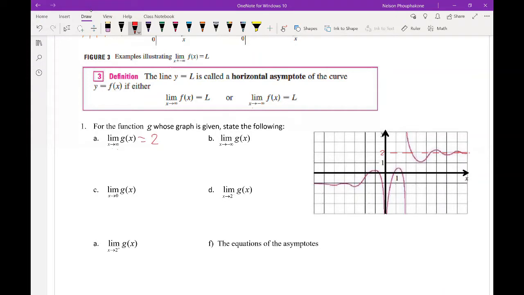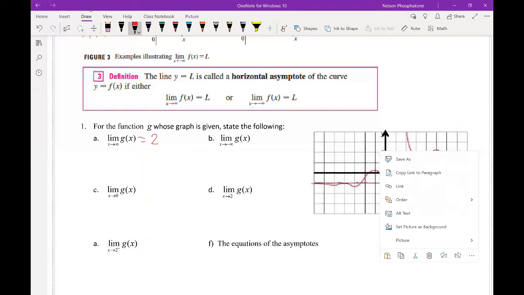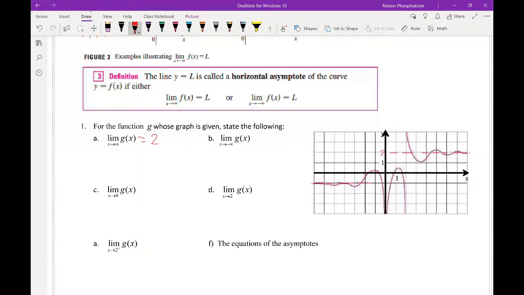Now it is your turn. Go ahead and try to see if you could finish the rest of the problem. Now, as x approaches negative infinity, the function is getting closer and closer to negative 1, right? y equal to negative 1.